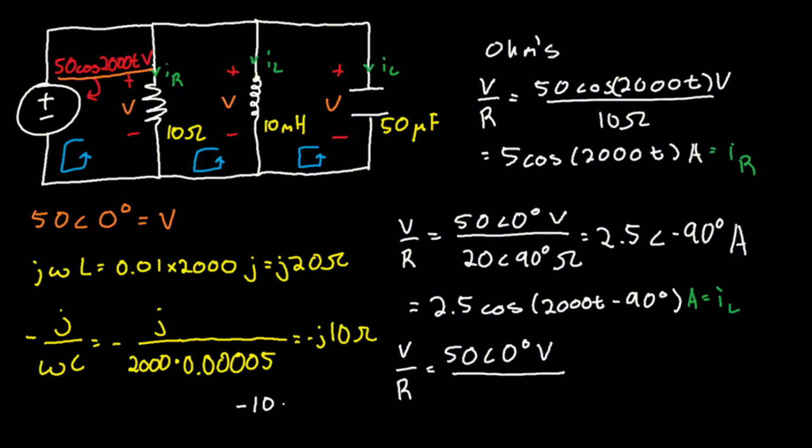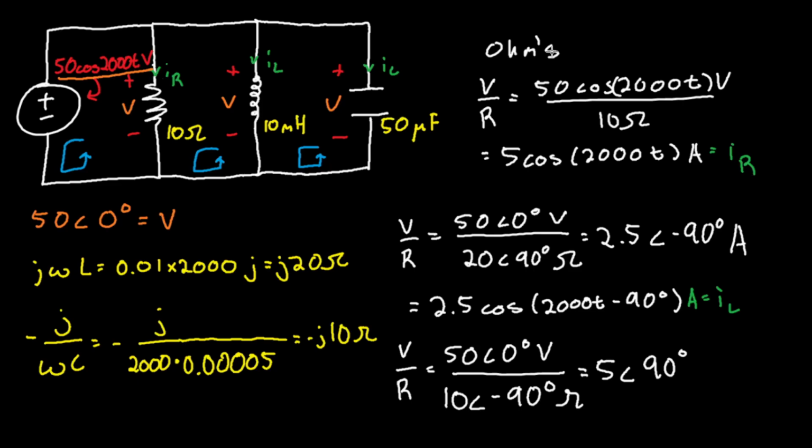If we were to plot this on the complex plane, you get something that looks like this. All right, 10∠-90 ohms. So we can actually move this 10∠-90. And now we can divide. 50 divided by 10 is 5, and 0 minus negative 90 is simply positive 90.